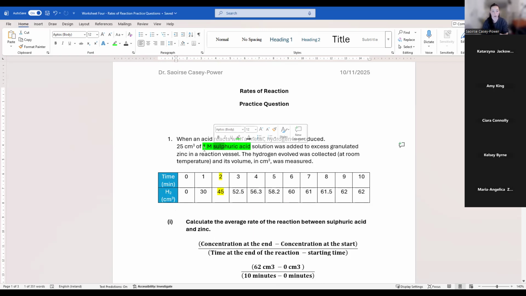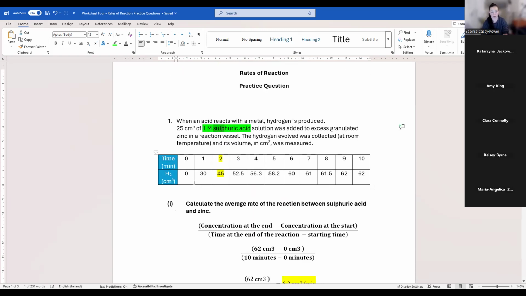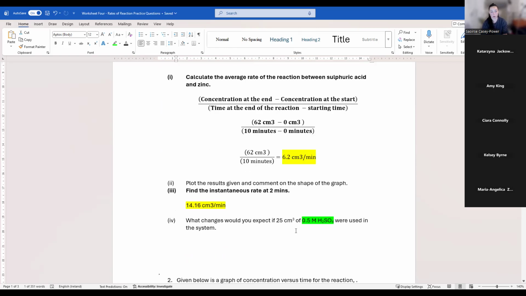So it's going to happen much more quickly. If we repeated that experiment and used a more dilute version, your 0.5 molar, we don't have as much reactant as we did at the start. So we wouldn't expect it to happen at the same rate. It would be a decreased rate of reaction in comparison.